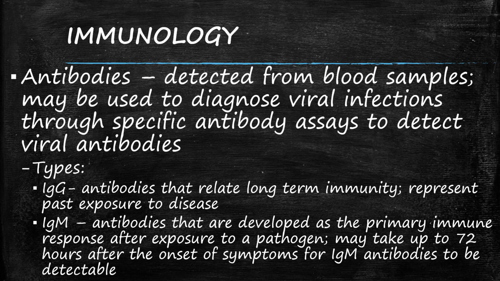So the way of remembering IgG from IgM is if you have an IgM positive, you need to call your mom. That's just a kind of silly way to remember the difference between IgG and IgM.